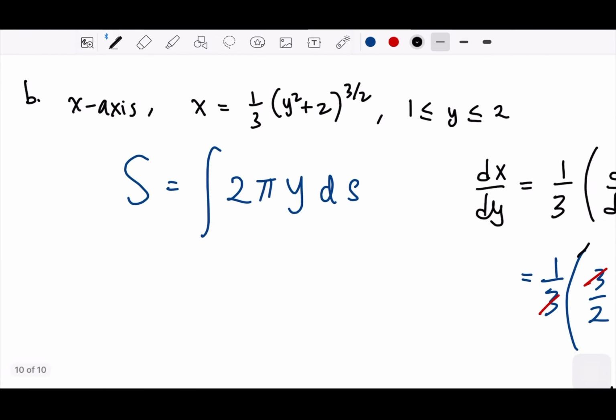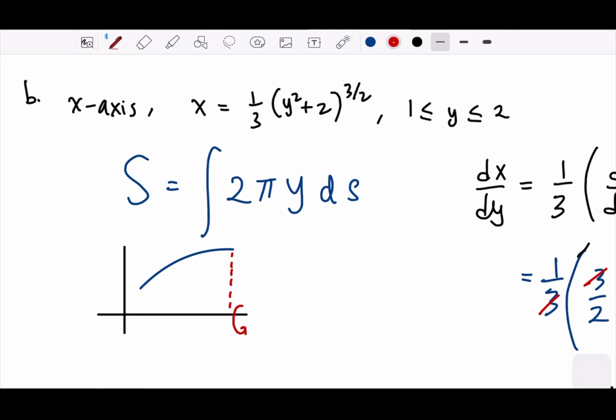So the difference on the rotations: if it is the x-axis, it has y here. The difference is in the radius of the rotation. The radius for the x-axis, you remember, if we rotate here, this is the radius, right?